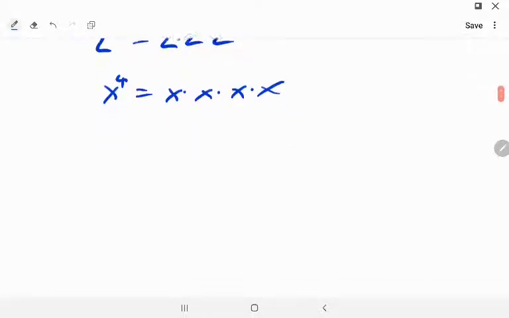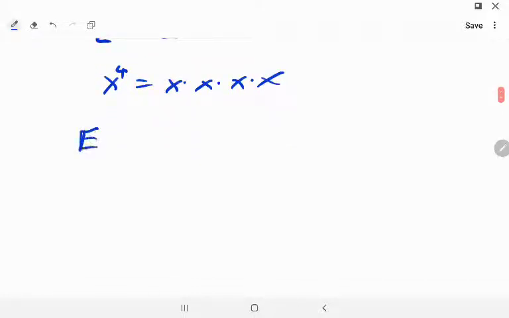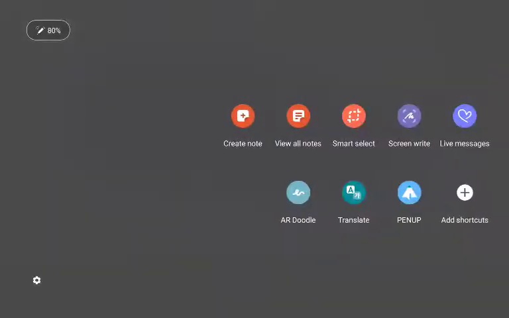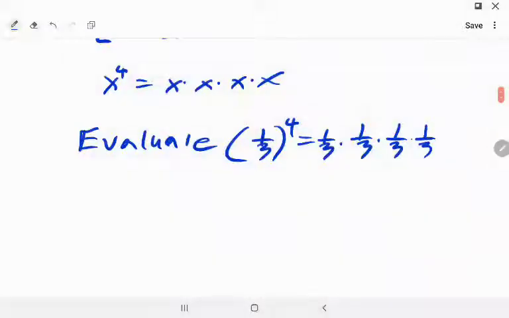So if we wanted to evaluate (1/3) to the fourth, we get 1/3 times 1/3 times 1/3 times 1/3, and that gives us 1/81.